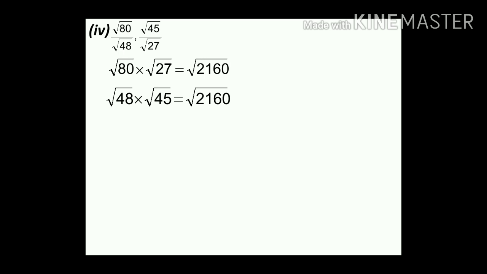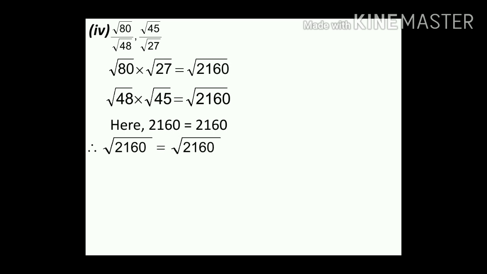Here children, both the numbers are equal. So the two ratios are here equal. Therefore, root 80 upon root 48 equals root 45 upon root 27.